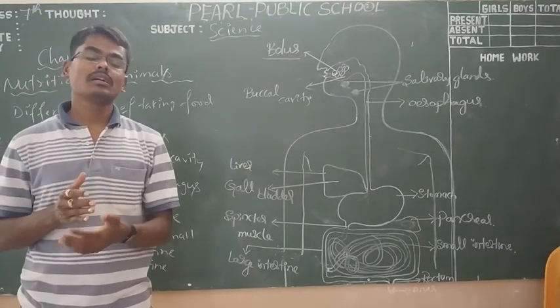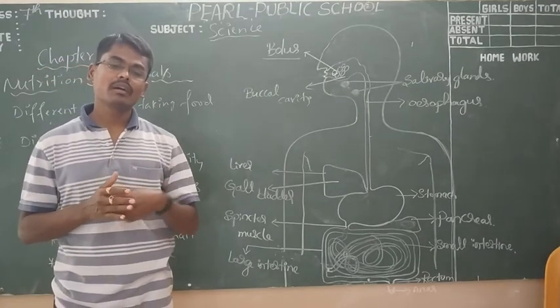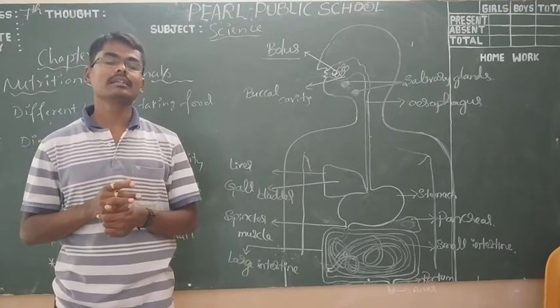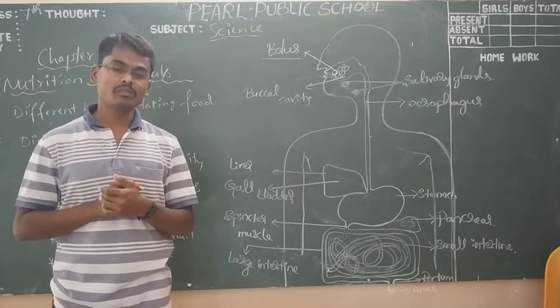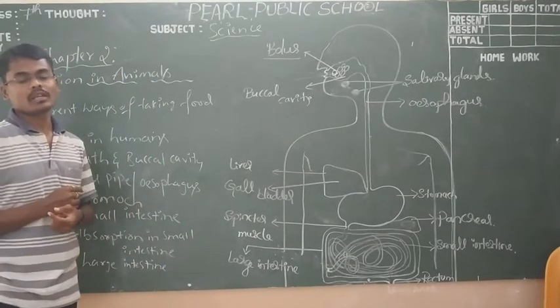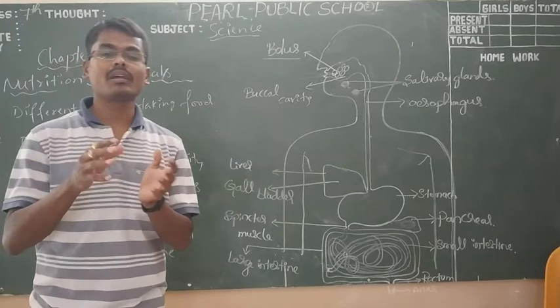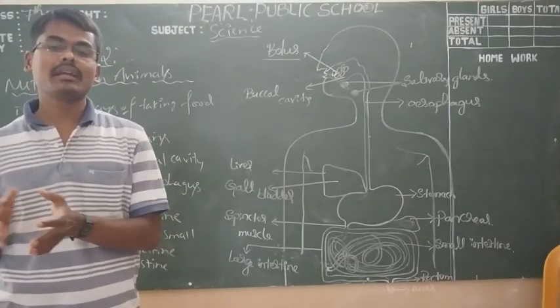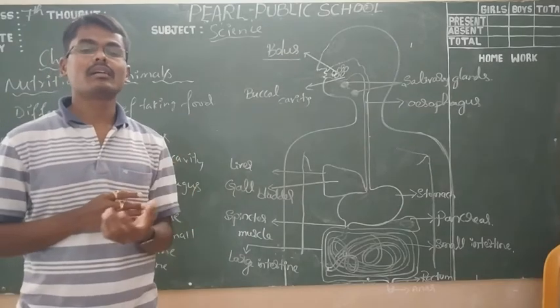Then the partly digested food enters into another important organ in the digestive system of the human body, that is the small intestine. Normally this small intestine is a coil-like structure. It is about 7.5 to 8 meters long.